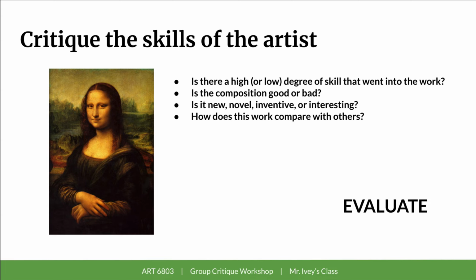All of this is part of evaluating the skills of the artist. And the best way to evaluate something is simply to compare this work to works of other artists, or to compare it to your own work and your own experiences.